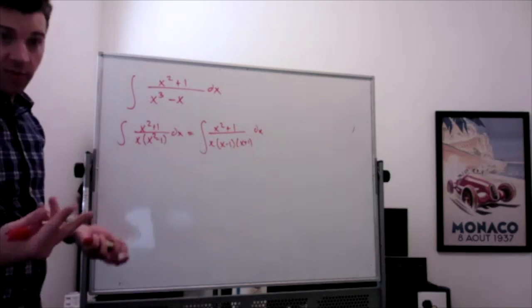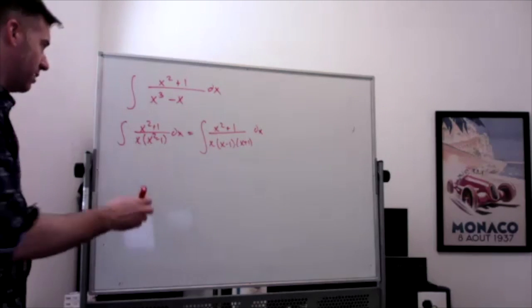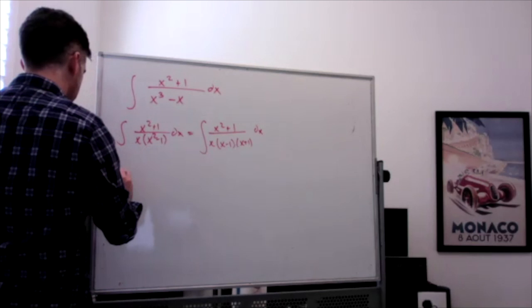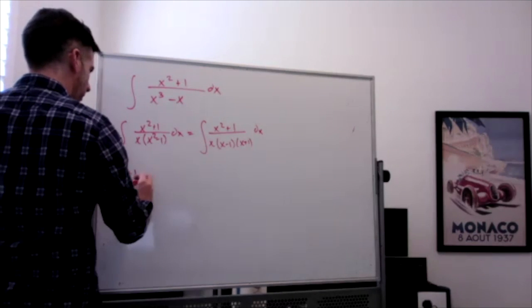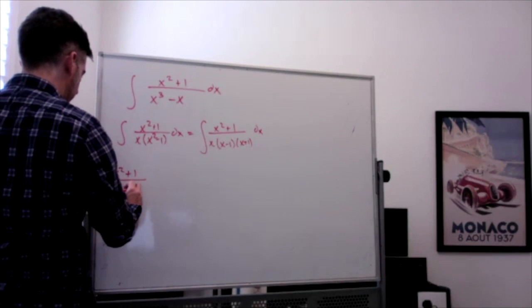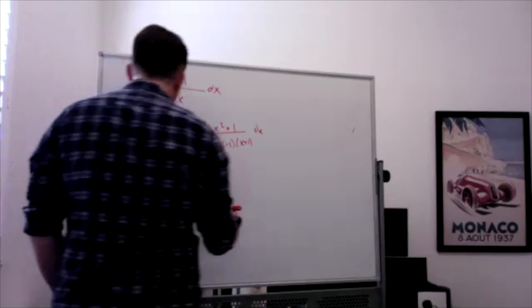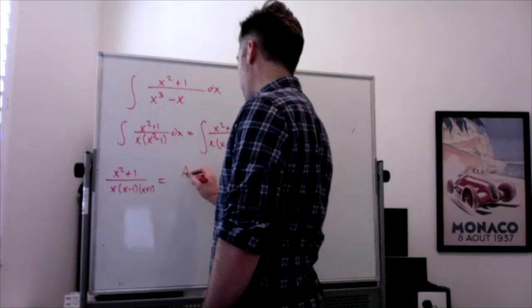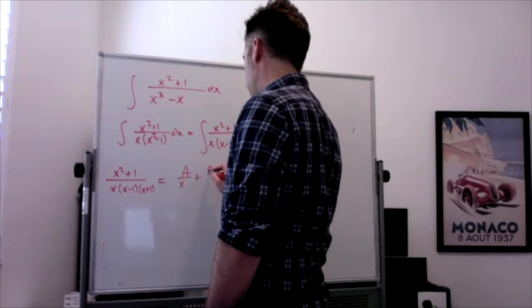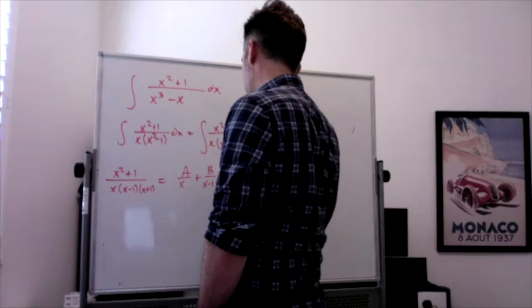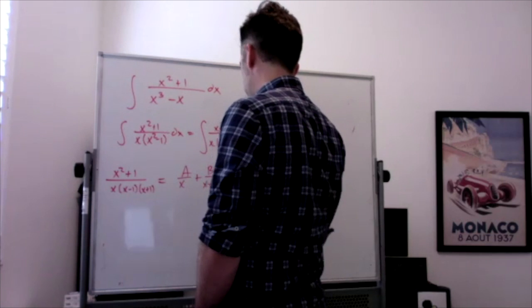So this is going to have three pieces to it. We're going to say that this fraction is equal to A over x plus B over x minus 1 plus C over x plus 1.